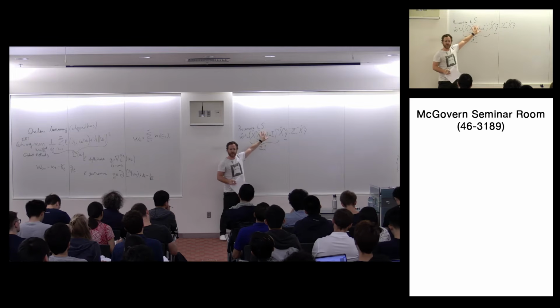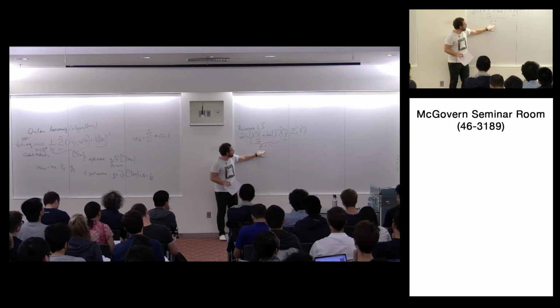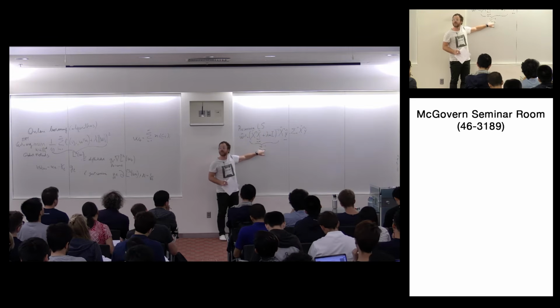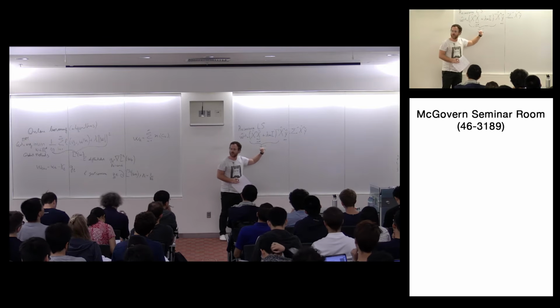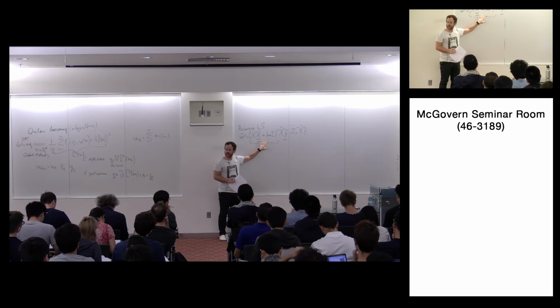Clearly it depends on lambda, but we don't care about this dependence. We want to emphasize the dependence on the cardinality of the data set, because we will want to go from n to n plus 1, and so on and so forth. So this is the reason for this notation.